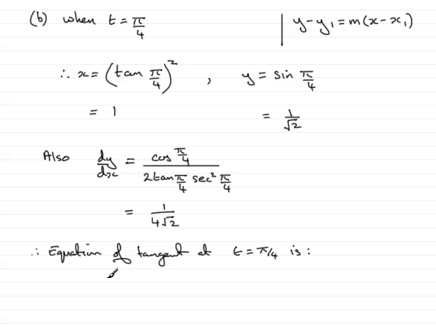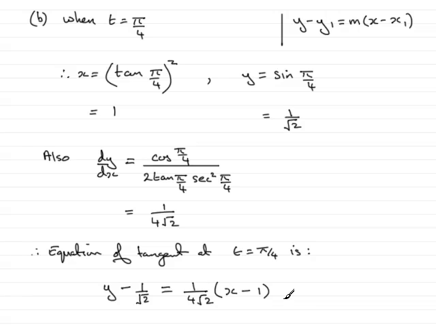The equation of tangent at t equals pi upon 4 is y minus the y1, and the y1 that we've seen is 1 over root 2, so that's minus 1 over root 2, equals m, so the gradient is 1 over 4 root 2, multiplied by x minus x1, and x1 is the 1.